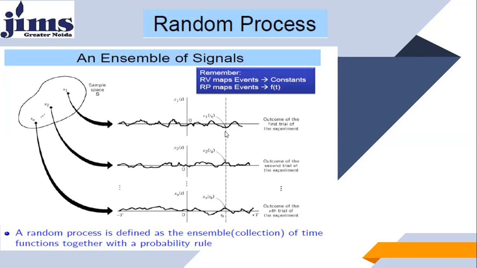So we say that these are the outcomes of the first trial of the experiment, and these are the outcomes of the second trial, and these are the outcomes of the nth trial. If you take n number of times, you can say nth, but this can be assumed as the third trial of the experiment.